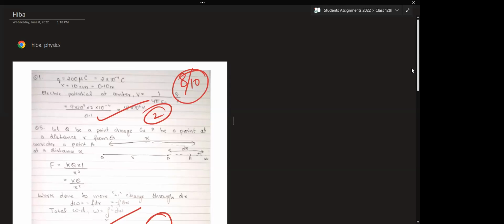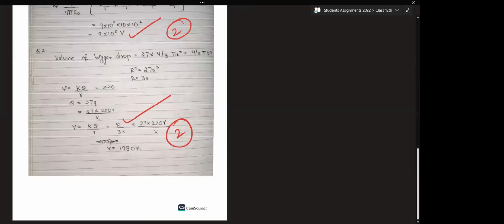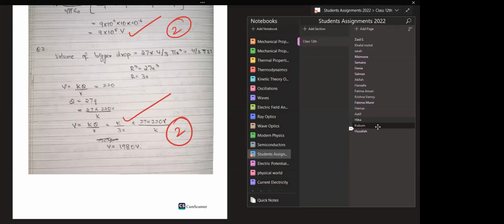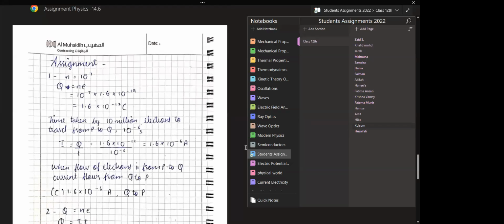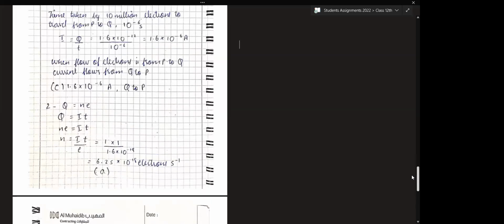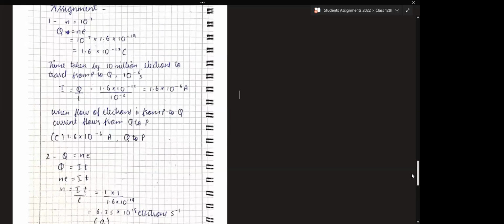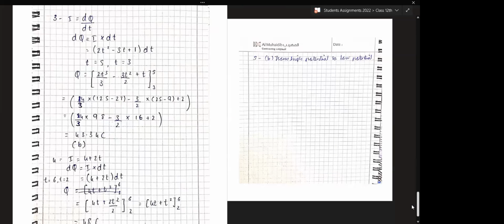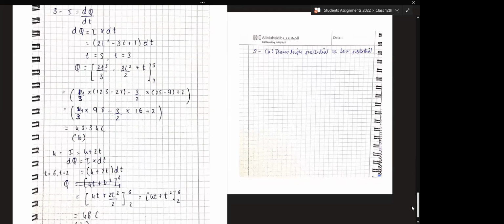Heba did it? No, Heba didn't do. Heba, you have not submitted the previous assignment. Kulsum. Yes, Kulsum is there. Ma'am, in the third question, it's 2 by 3, ma'am. I accidentally cut and wrote 4.